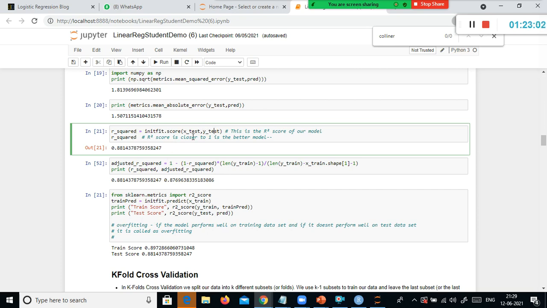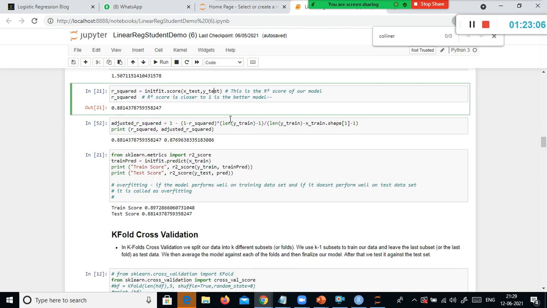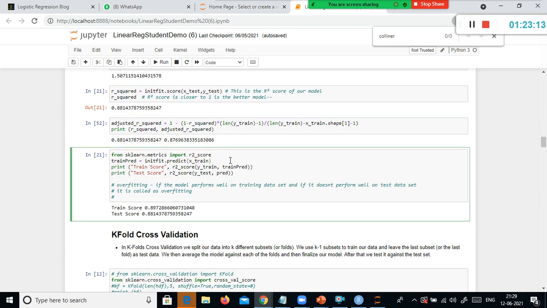Once you get the R squared, you store it in a variable r_squared. It's kind of a manual way of doing it, but you also have r2_score, a built-in function, using which you can get the R squared value.